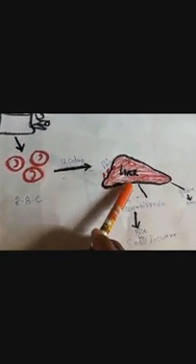So about 20 billion red blood cells are destroyed every minute in your body, in the liver and the spleen. So what happened to the heme part?